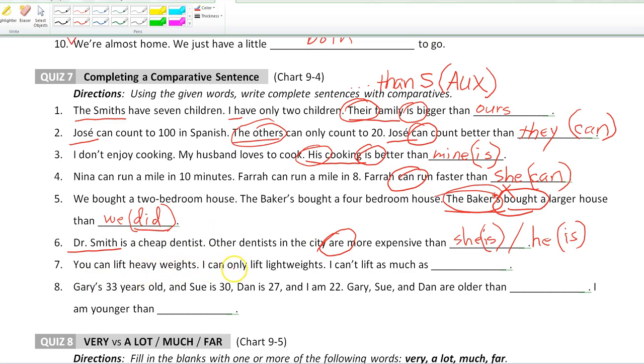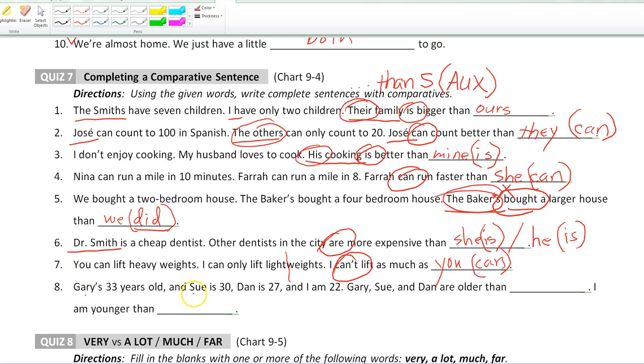You can lift heavy weights. I can only lift light weights. That should be 2 words. I can't lift as much as, okay, subject to subject, and this is our modal, as much as you can, and can be dropped. Okay, so we have people.